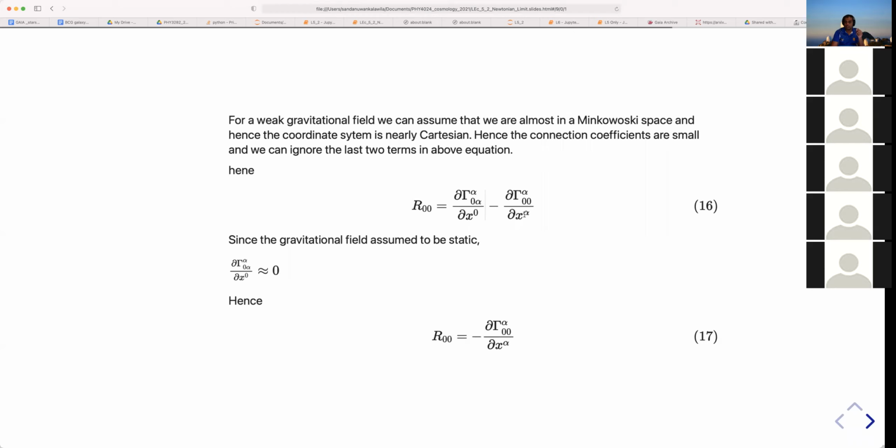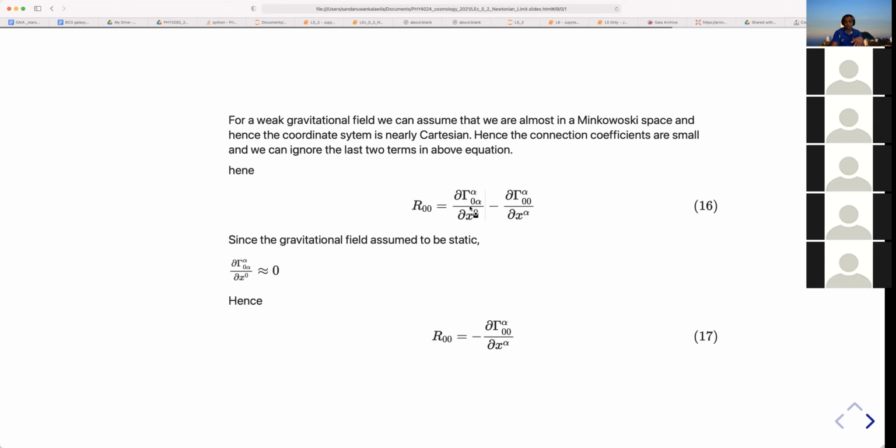And then x alpha basically represents all the other spatial components, right? If the gravitational field is static, which means it does not change with the time, then this first term right here, where you have the derivative with respect to the time component, should go away because the gravitational field is static. It does not change with the time, right?